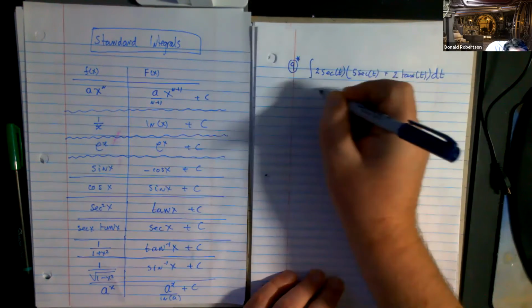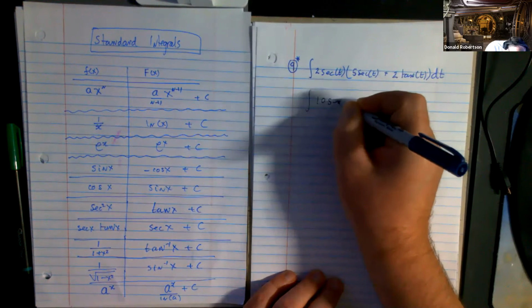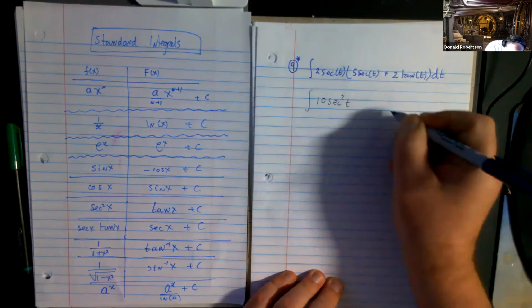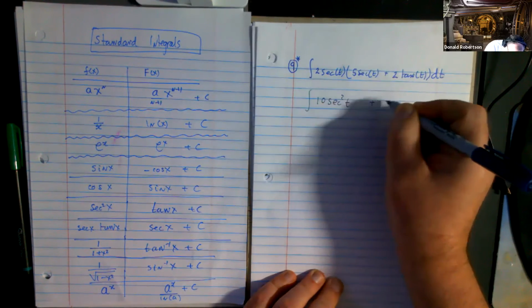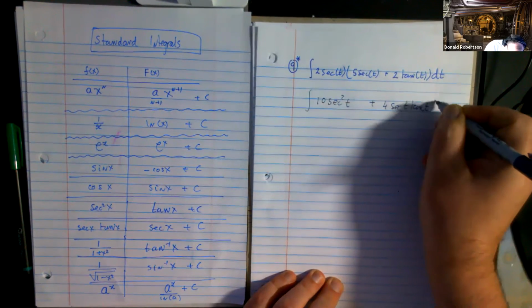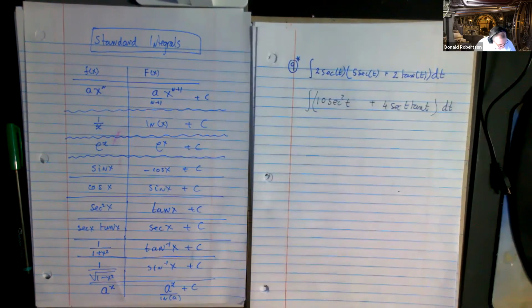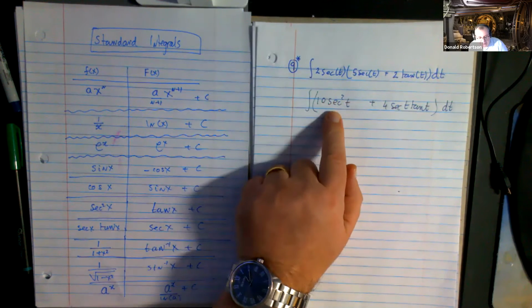Now in this one, I'm going to distribute. 2 secant times that gets me 10 secant squared t. And 2 secant times that's going to get me 4 secant t tan t. Now that is a good thing to do in this question because I know the antiderivative of this guy.